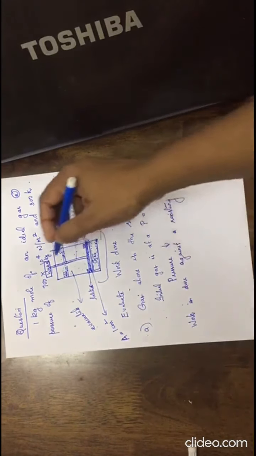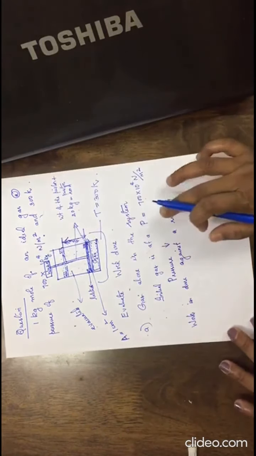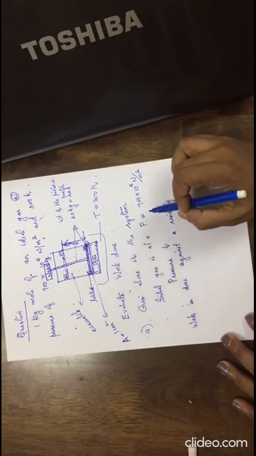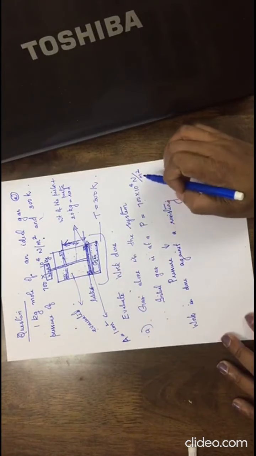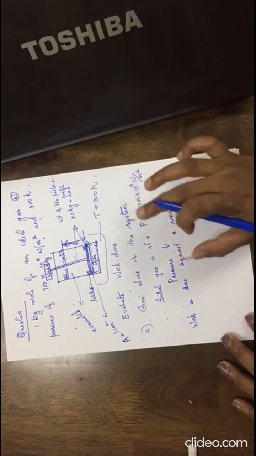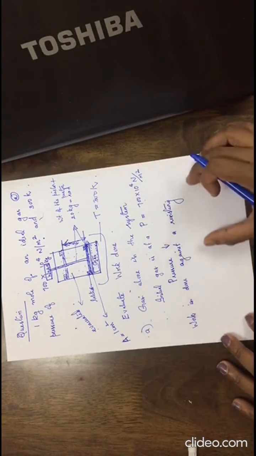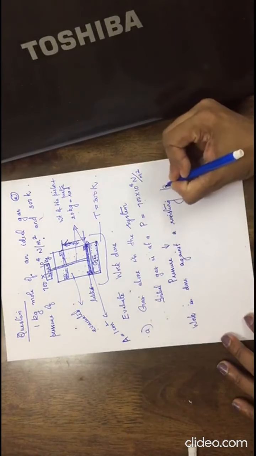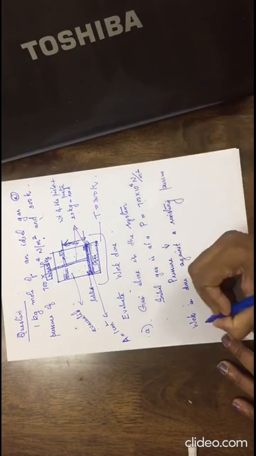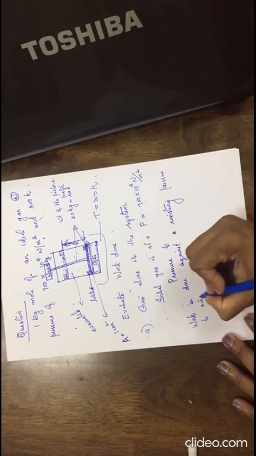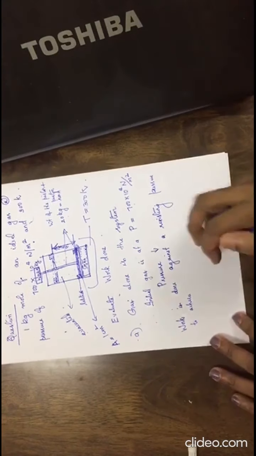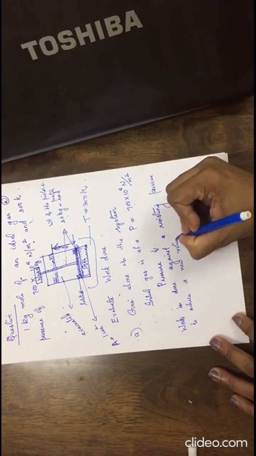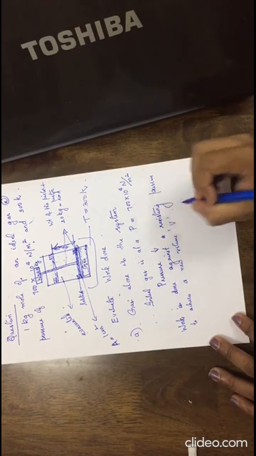Once it expands from an initial pressure P of 700 into 10 power 4 Newton per meter square, there will be a reduction in the pressure. So the work done against a resisting pressure to achieve a new volume V is what you need to calculate.